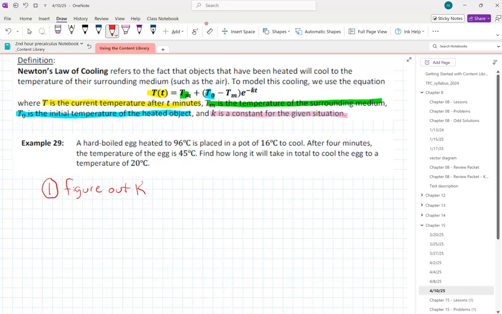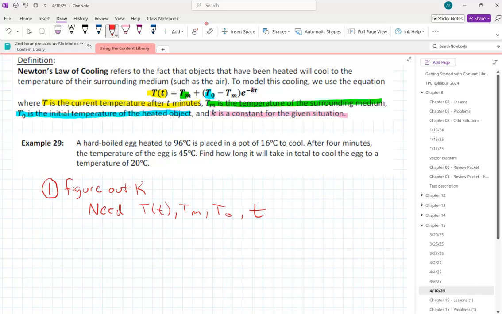So far, so good. Now, to do that, we're going to need everything but k. So we're going to need a T of t, a Tm, a T naught, and a t, right? We need all the other parameters to do that. So let's start reading this.